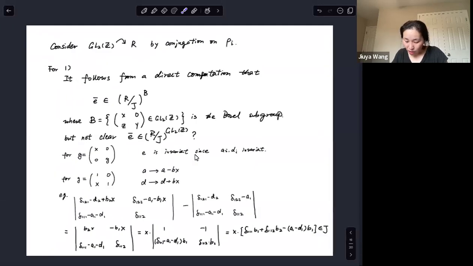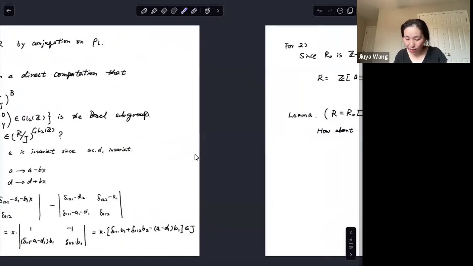So for example, in this particular case, you can see that this element is not only lying in J, but also lying in a smaller ideal. So we can actually show a stronger statement of the error term.